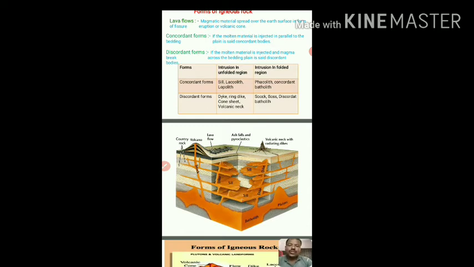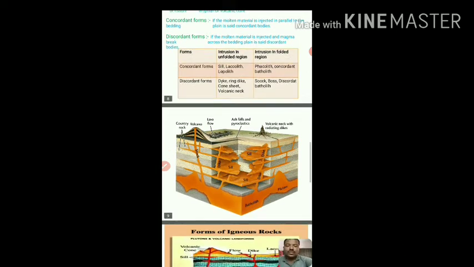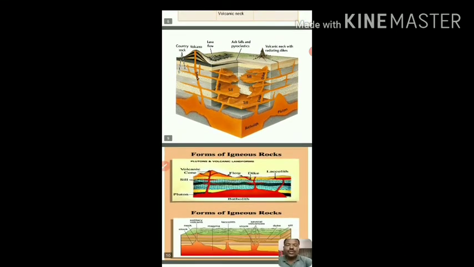Now we will see all the forms one by one. In this figure there are different discordant forms, that is, dikes and batholiths. Both are available in this diagram.